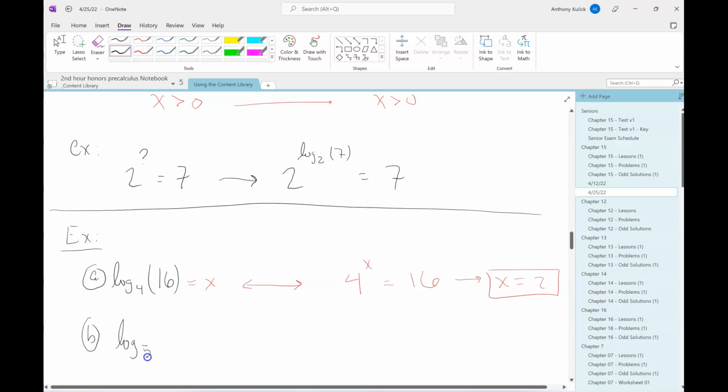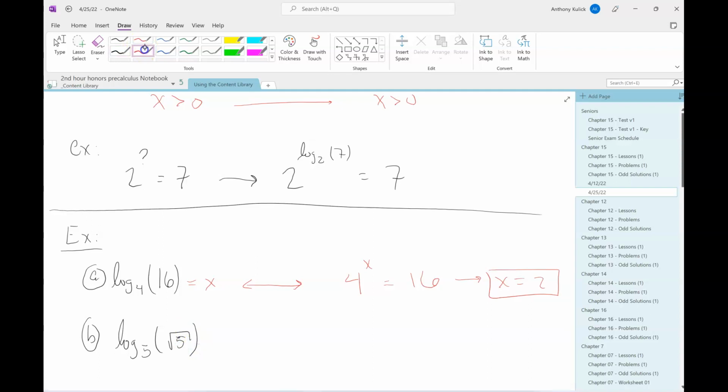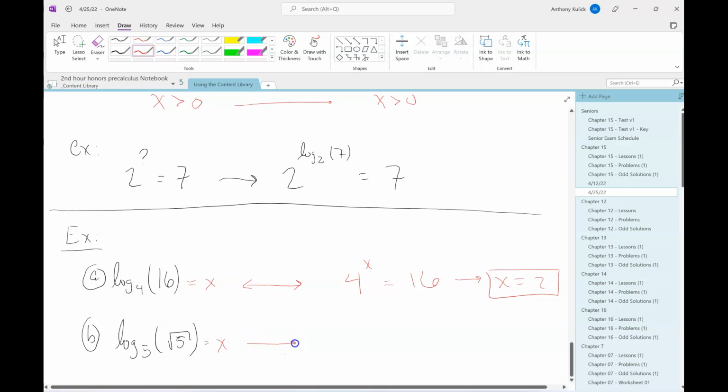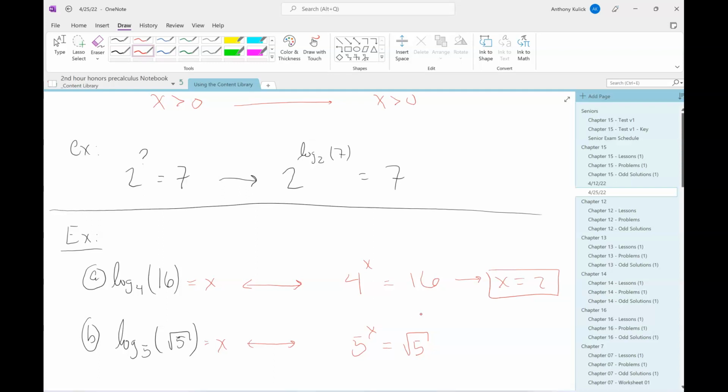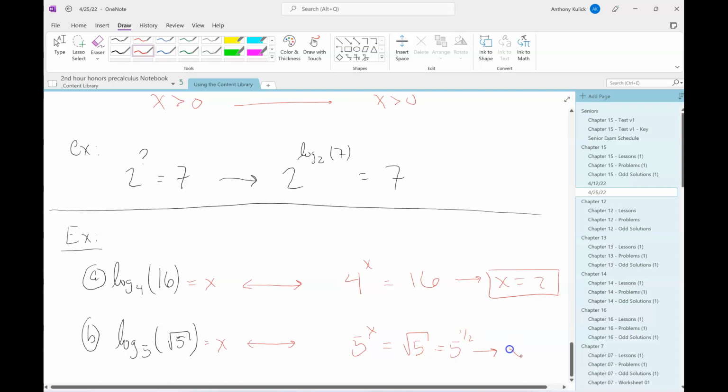So let's say we have log base 5 of square root 5. So again, first things first, let's say that's x. We're going to rewrite that as an exponential equation. So 5 to the x is equal to the square root of 5. Good. So we remember that the square root of 5 is 5 to the 1/2. So x is 1/2.